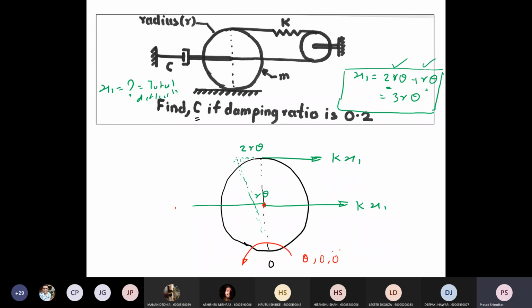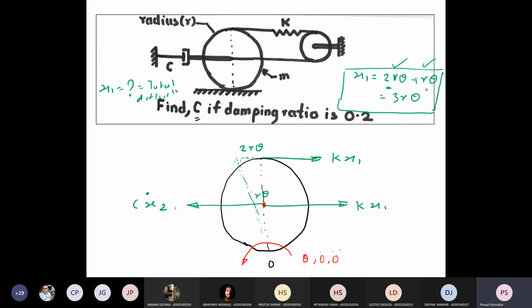So the spring is getting pulled from both sides. And so the total deflection in this spring is the one at the top plus the one at the bottom. So x1 becomes 2r theta plus r theta, that is equal to 3r theta. Then the displacement of the damper is x2 and the force is c x2 dot.